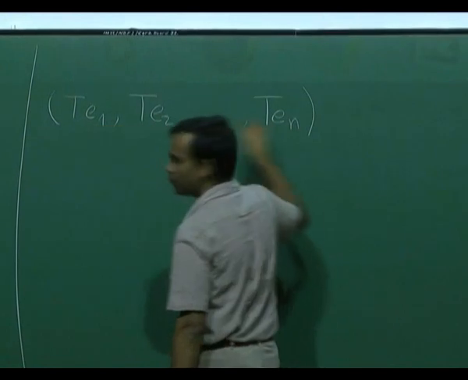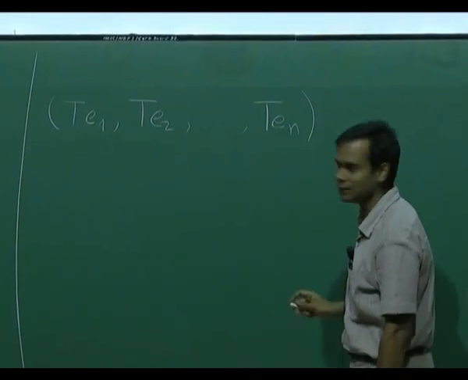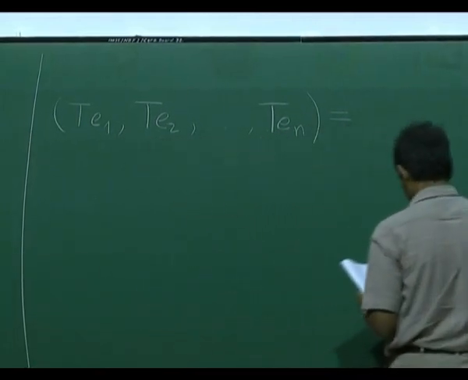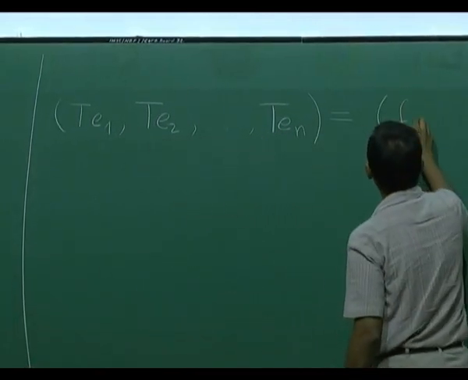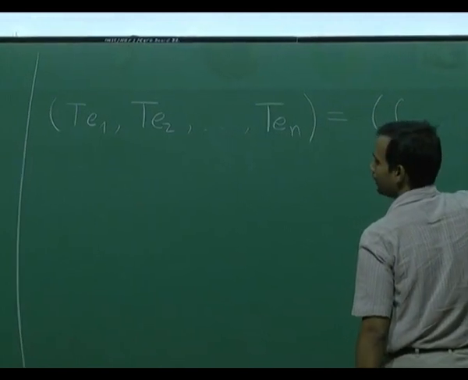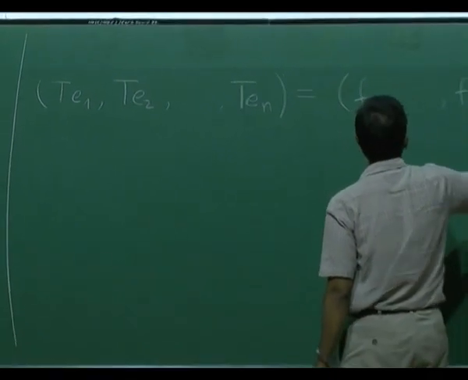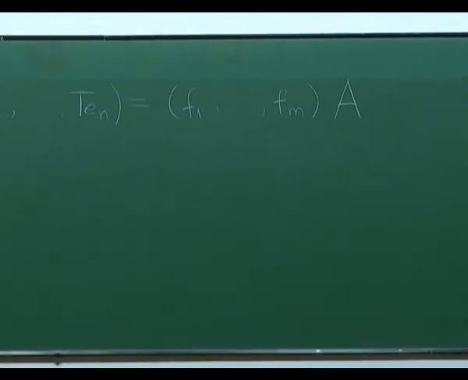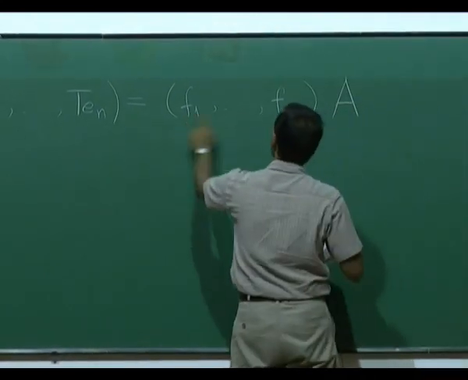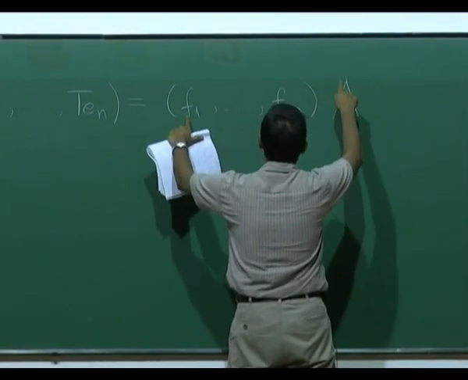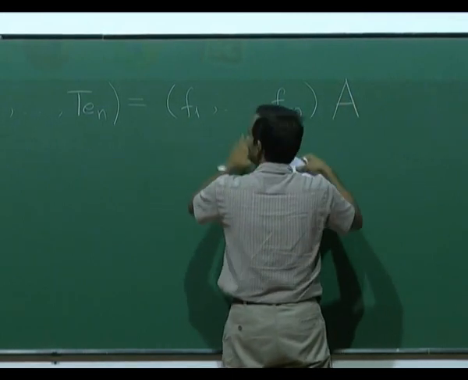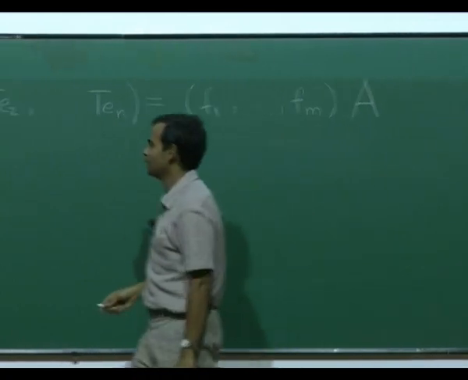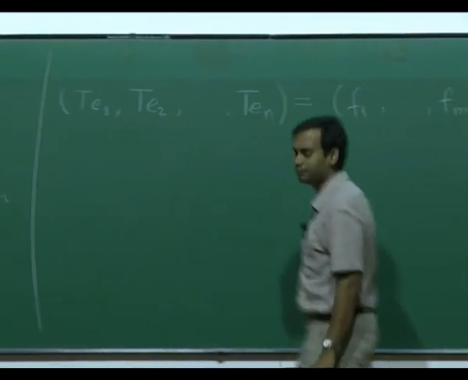So that's a row vector whose entries are vectors, and we can write this identity as this equals the row vector f1 up to fm times the matrix A. If you multiply this row vector by this matrix, the answer will again be a row vector, and its jth entry will be precisely the summation of aij fi.